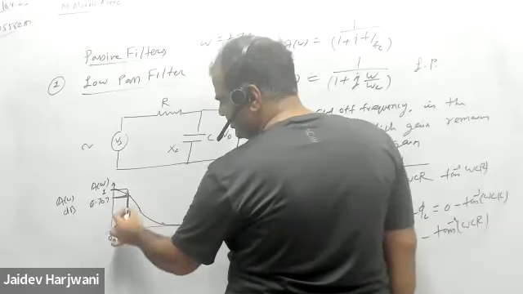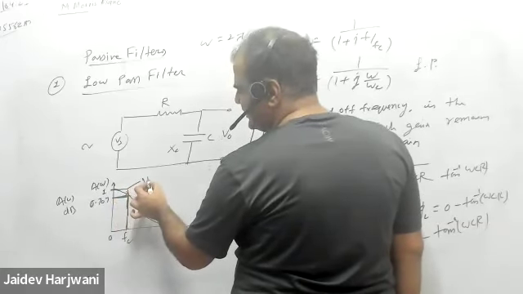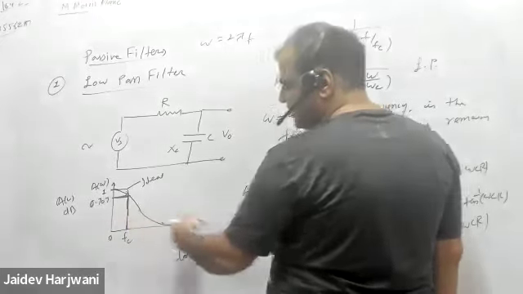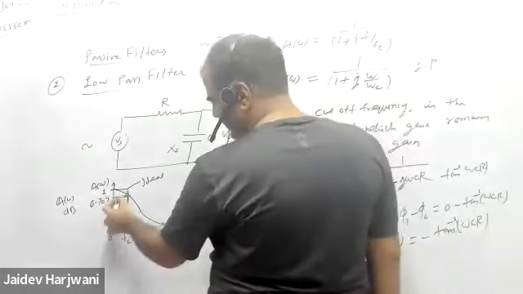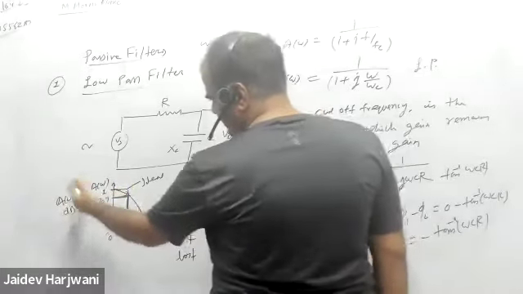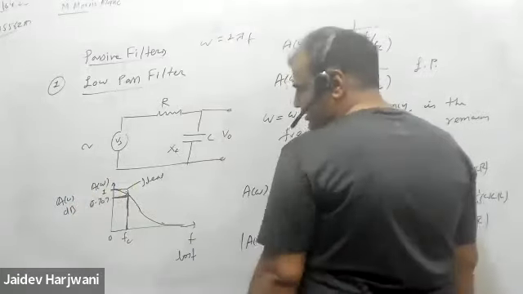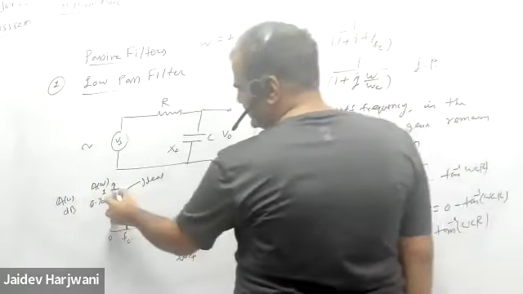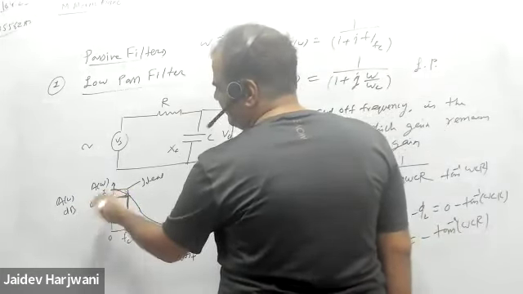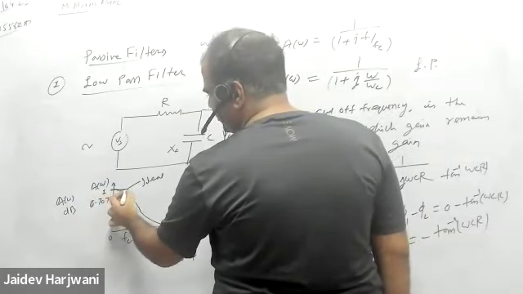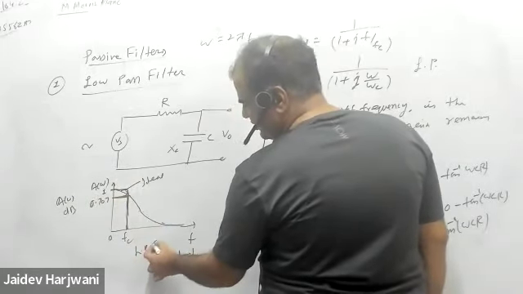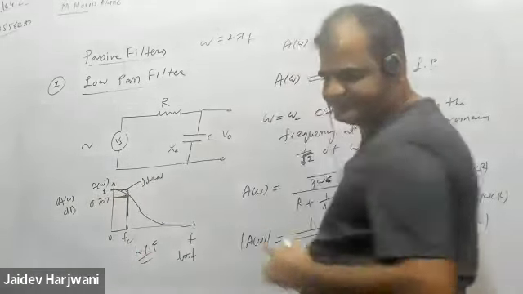This is an ideal curve for a low pass filter: below the cutoff frequency it passes, and above it should not pass. Up to this frequency the response will be almost constant, so I can draw it like this. This is my low pass filter graph.